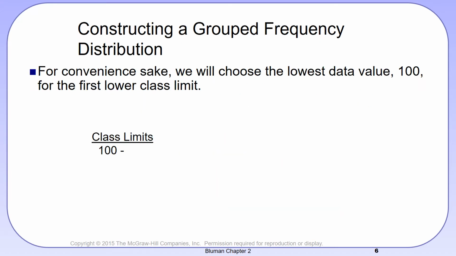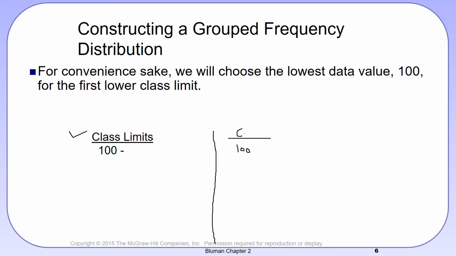Now dear students, we need to draw the frequency distribution table. I already drew the frequency distribution table for you, but how to draw it? Look here. Here will be the class limits or class groups. Our lowest number in the data was 100, so we have to start from 100.